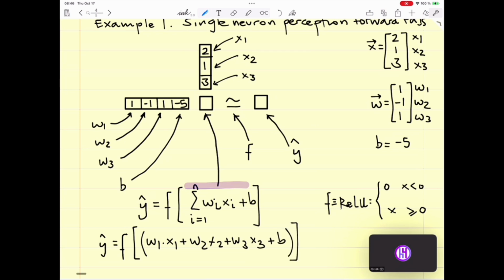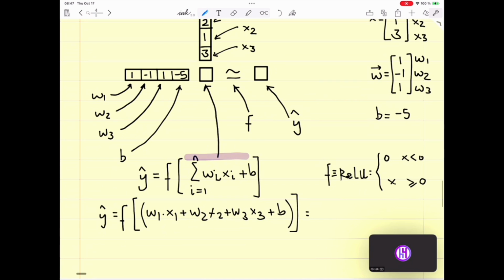This is just the same as before. And well, let's do that. F of W1 is 1 times x1 is 2 plus W2 is minus 1 times x2 is 1 plus W3 is 1 times x3 is 3 plus minus 5 equals.